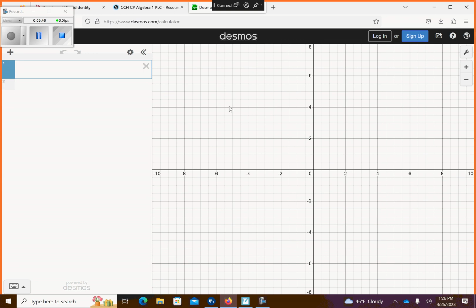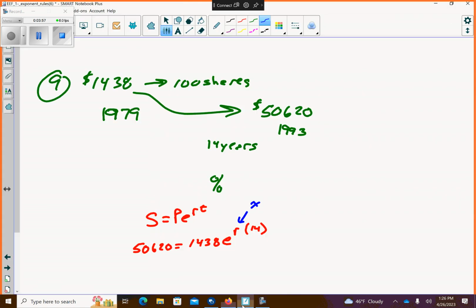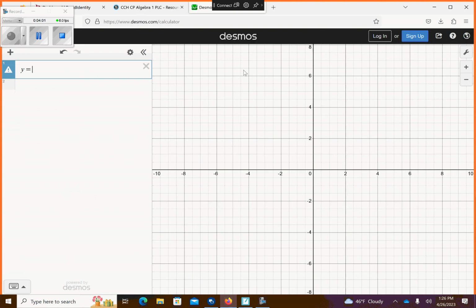All right. So I'm going to have two different y graphs. I'm going to have y equals, and one will be the 50620, which if I wanted to find this is going to be way up here.